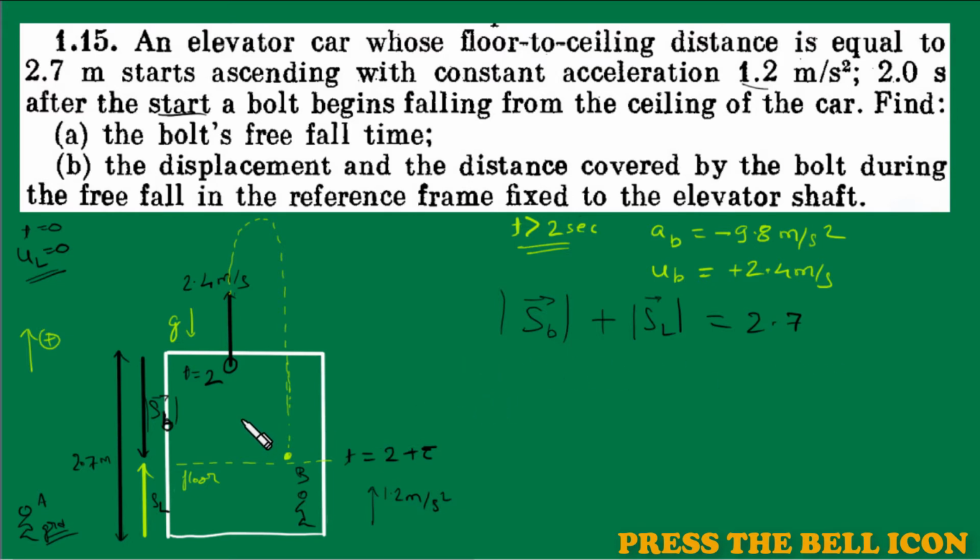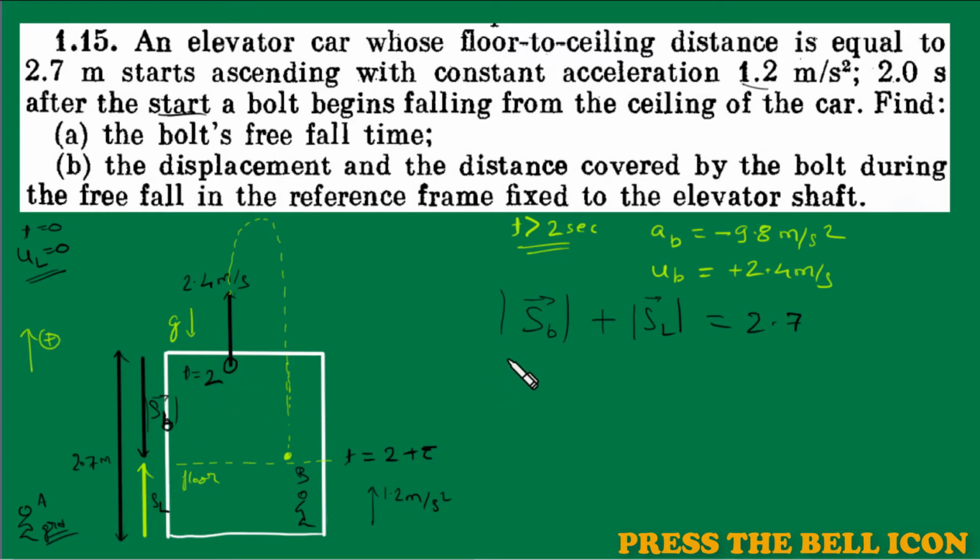As we know, the displacement of the bolt is going to be in the downward direction. For finding the magnitude of displacement of the bolt, I can assume a different convention for the bolt, like downward direction is positive, but let's take this convention only, by which the displacement is going to come negative.